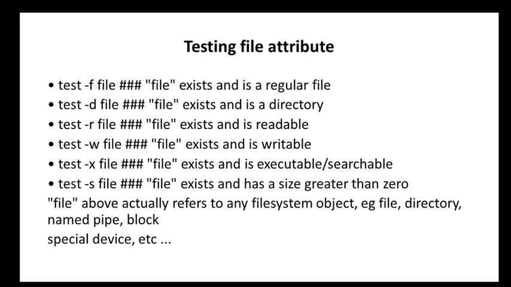Testing file attributes. test -f file means the file exists and is a regular file. These are some of the attributes. -d means the file exists and is a directory. -r means the file exists and is readable. -w means the file exists and is writable. -x means the file exists and is executable. -s means the file exists and has a size greater than 0.